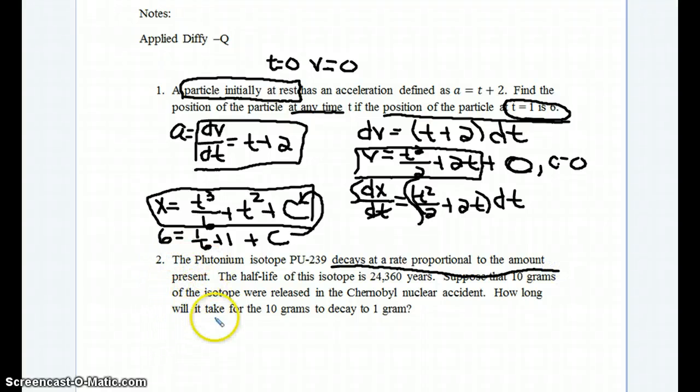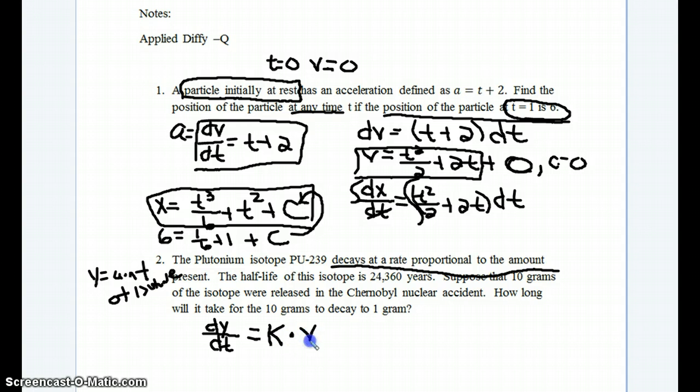So what that means is if y is the amount of the isotope, then dy/dt, that's the rate of change, the rate of decay, is proportional to, so multiplied by a constant, the amount present, which is y.